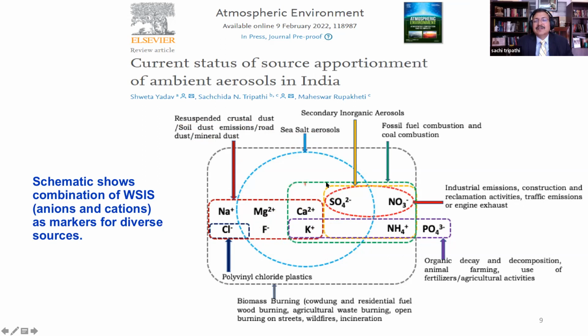Then what you see in green comes from fossil fuel combustion, and that would have calcium, potassium, sulfate, nitrate, and ammonia.